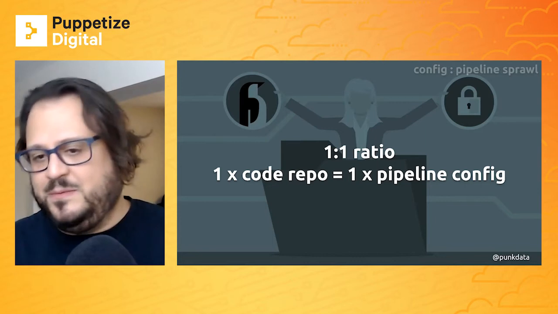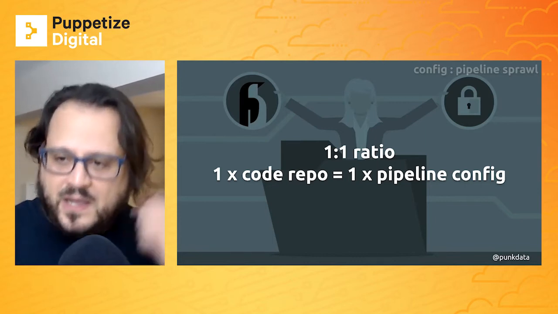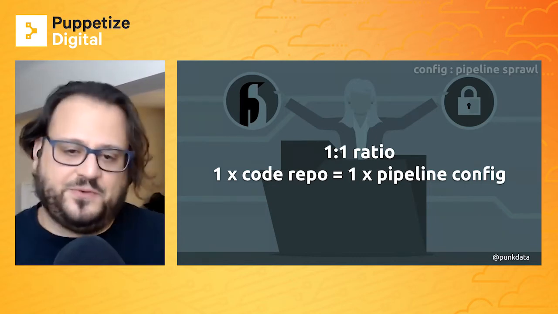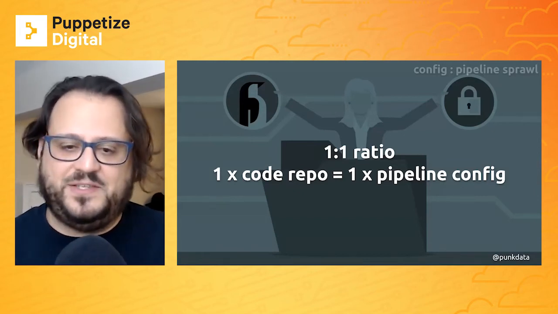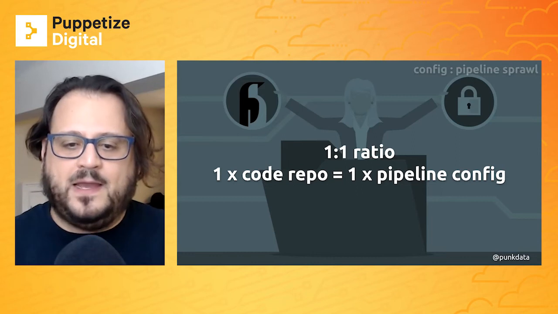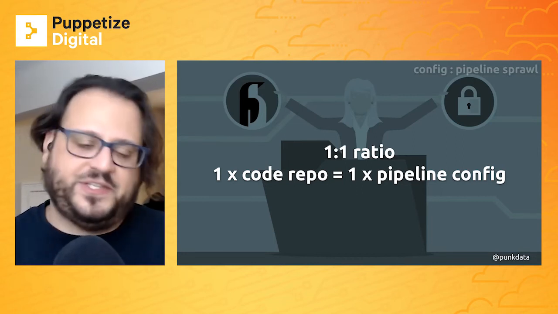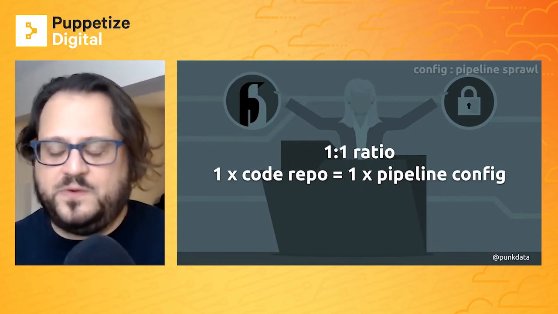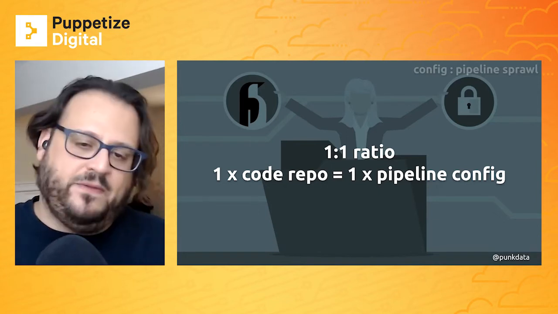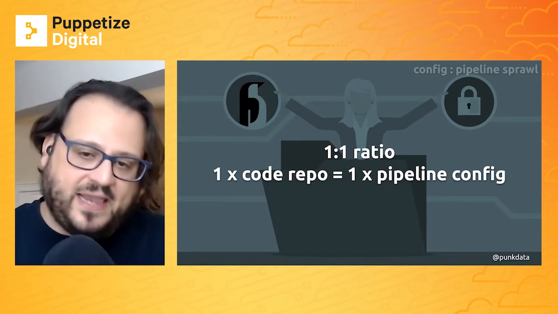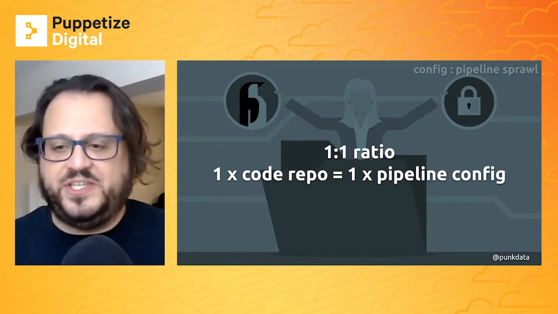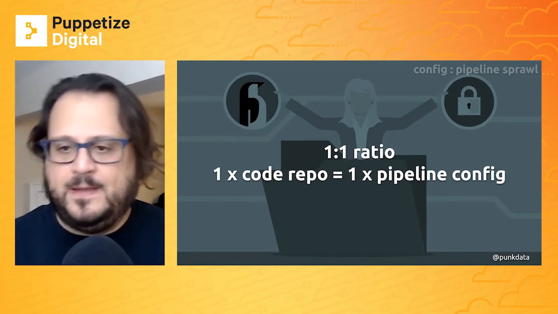Of course, there are exceptions to the rule, but most of the teams and organizations I speak to have one code repository and one pipeline configuration file within that code repository. So it's a 1-to-1 ratio for the most part.